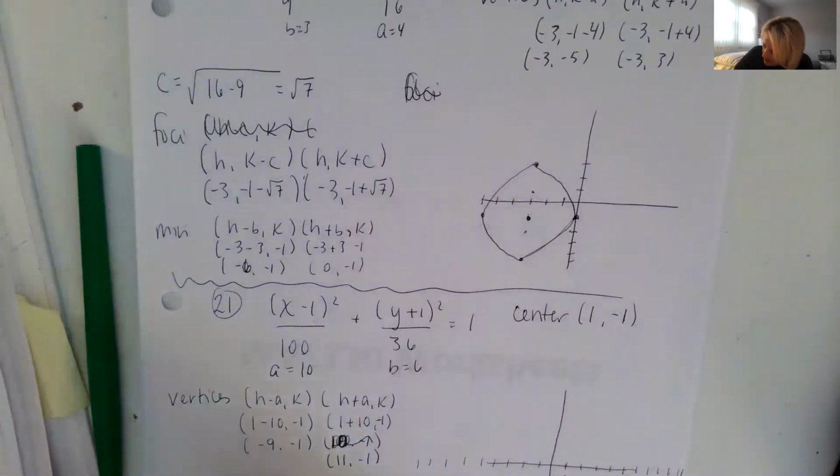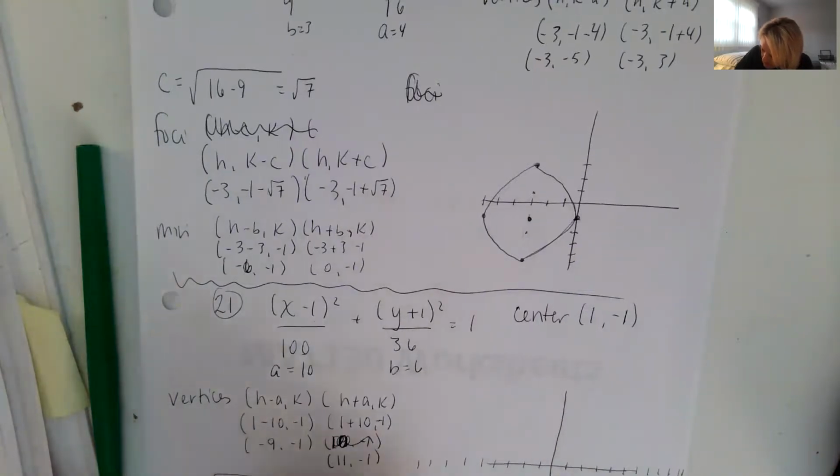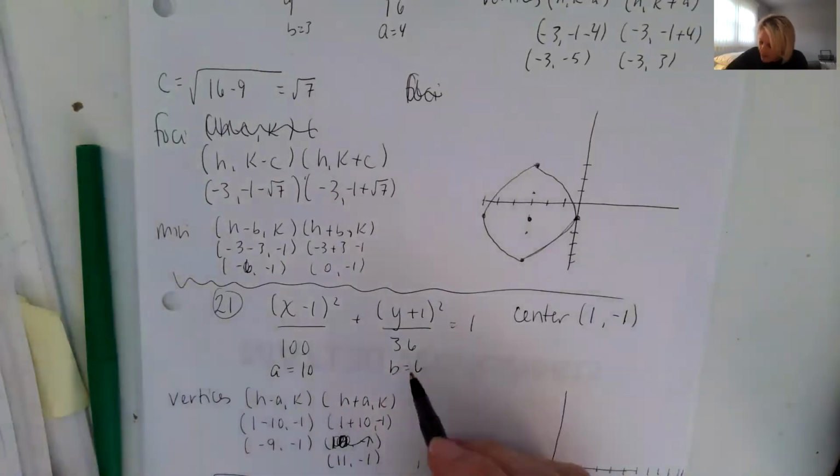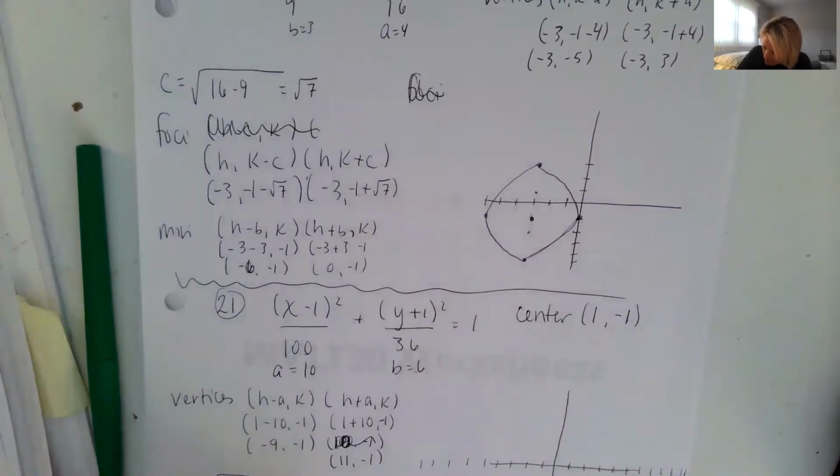Okay, and then we have to find our c. 100 minus 36 is the square root of 64, so that's 8. And so our foci, and then our minor axis is going to be offset by the 6.